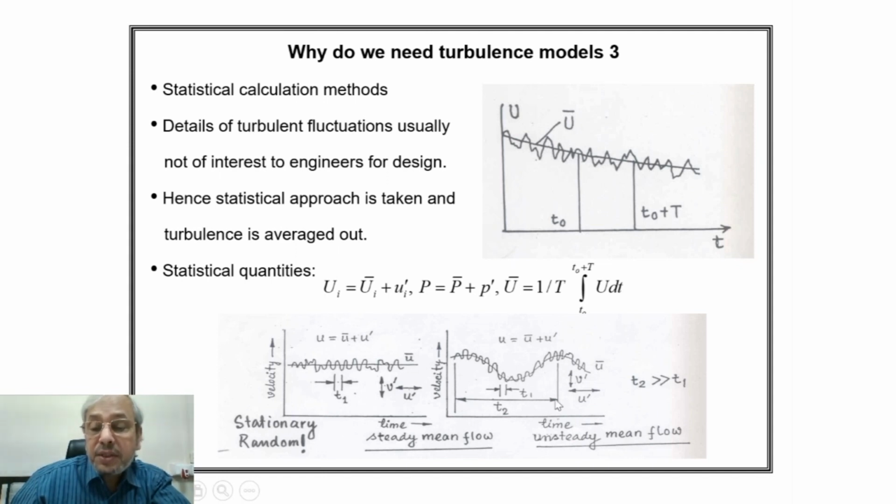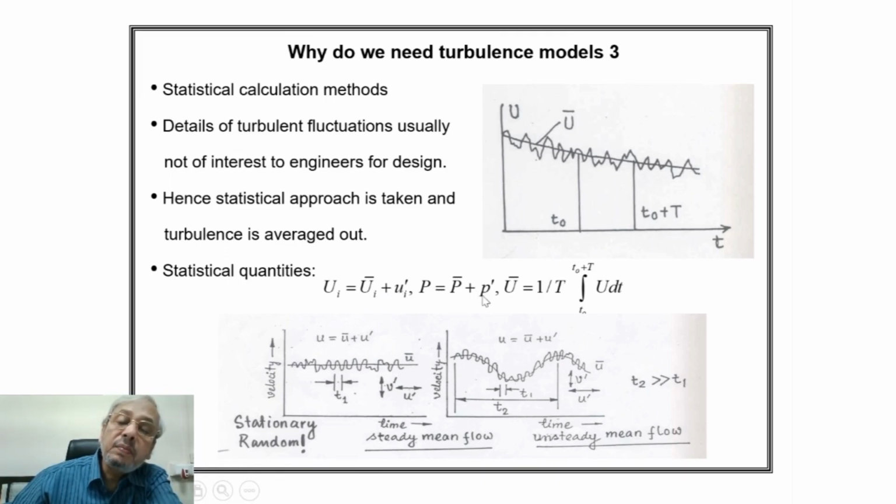So the time period is much bigger, much larger than the time period of turbulent fluctuations. So one can average out the signal over this time period. And here, if we take a large time and average it out, we will get average quantities. So instantaneous ui, that means it's a vector quantity representing u, v, w, equals ui bar plus ui prime.